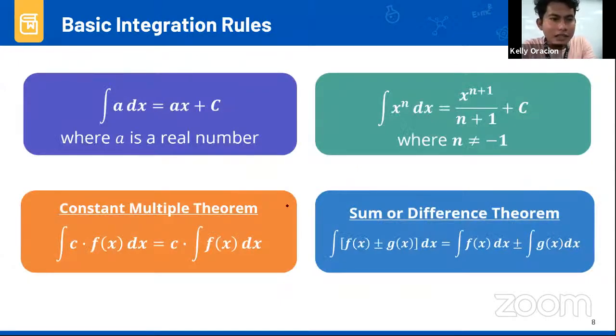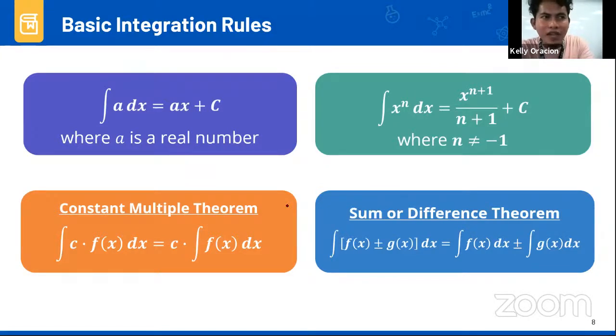Okay, and for the last slide we have the basic integration rules. Basic, because class, there are really so many integration rules, so I will only discuss the basic ones. The dark blue one is the constant rule.